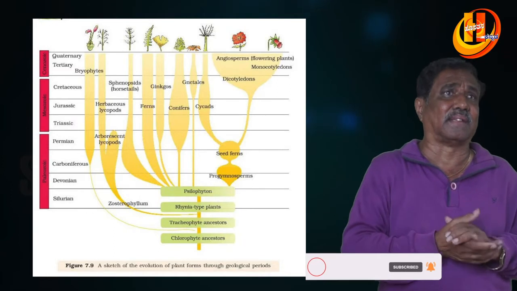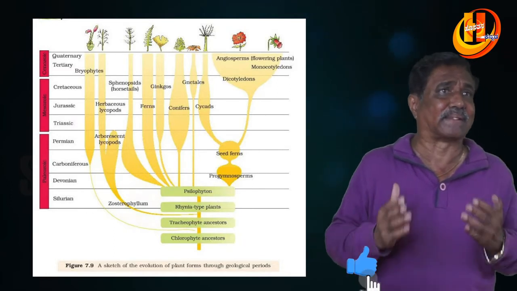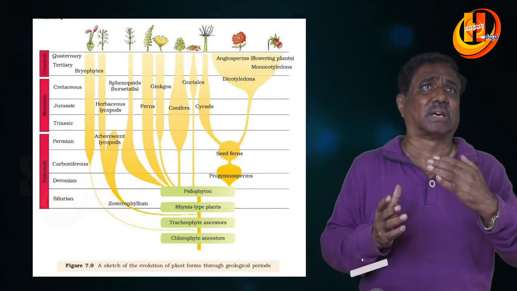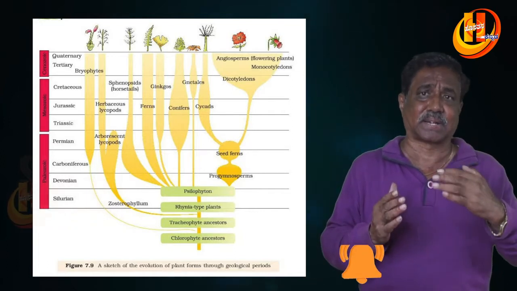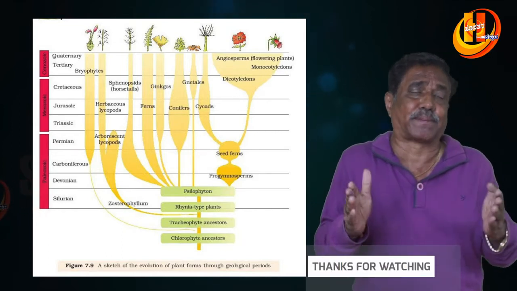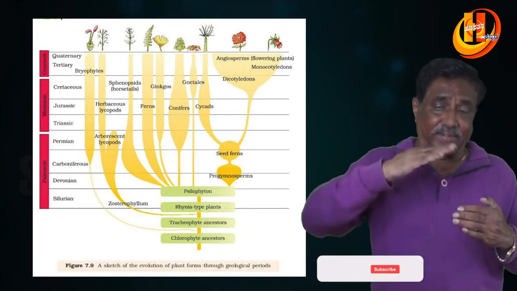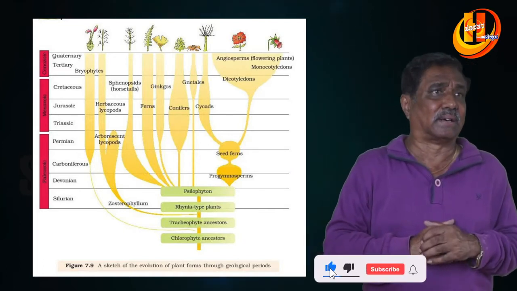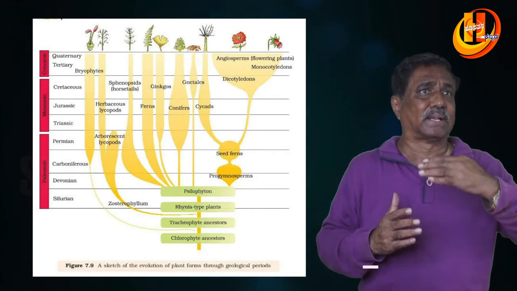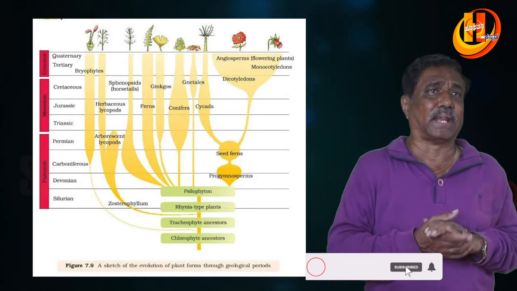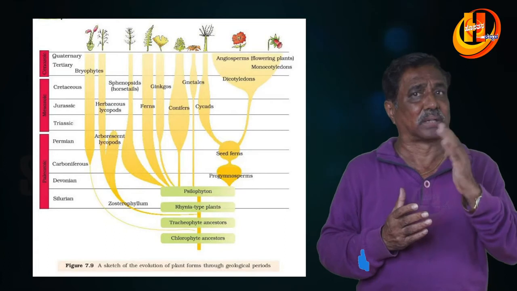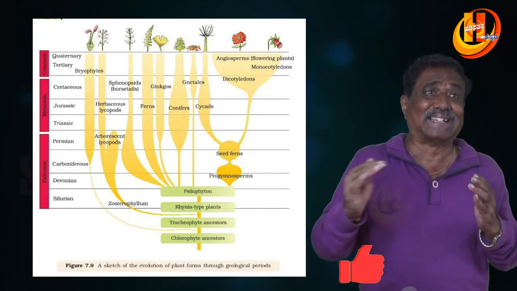During the Triassic and Jurassic periods, ferns and Cycadopsida members are represented. Next, the Tertiary or Cretaceous period is represented by Gnetum, Ginkgo biloba and dicots.